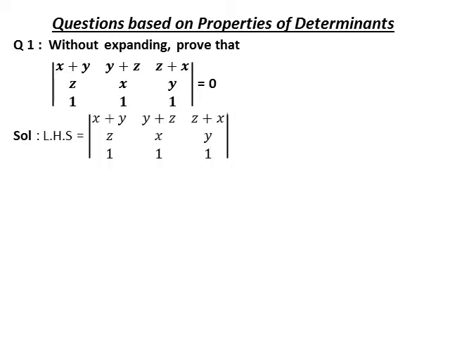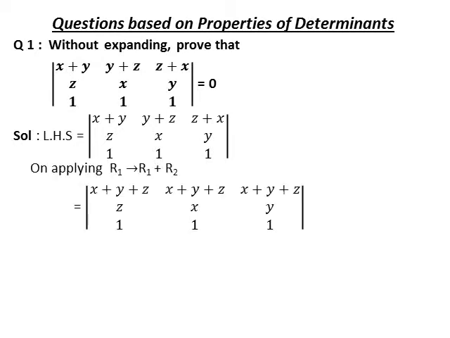Students, if you can observe in this determinant, elements of first row are x plus y plus z and z plus x, and elements of second row are z, x and y. If we apply the operation R1 is to R1 plus R2, then each element of first row becomes x plus y plus z. Write the elements of remaining two rows, that is R2 and R3 as it is.